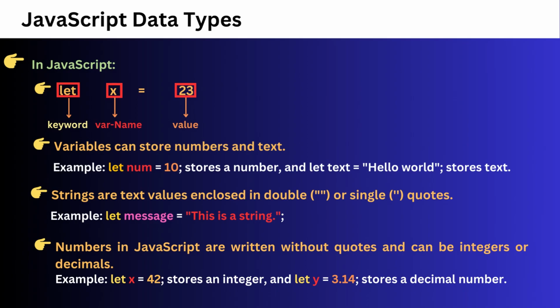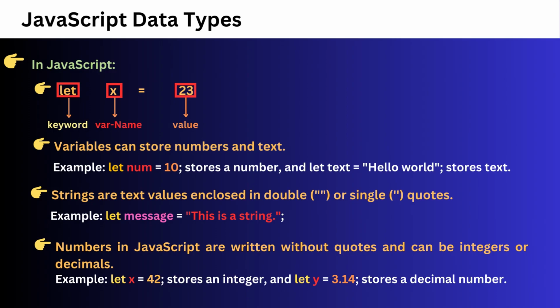It's important to note that if you enclose a number within quotes, it will be treated as a text string rather than a numeric value. Now we can write a string like this using double quotes, and we can also write our string using single quotes. And these are the two ways through which we can write strings in JavaScript.